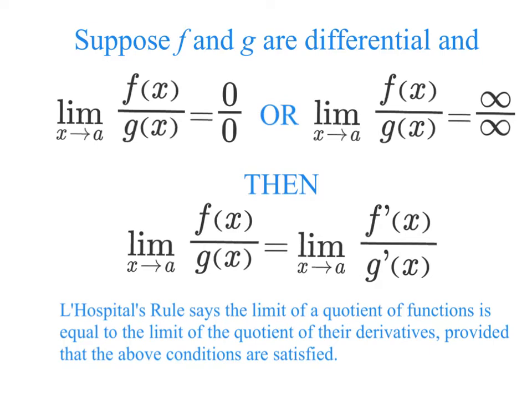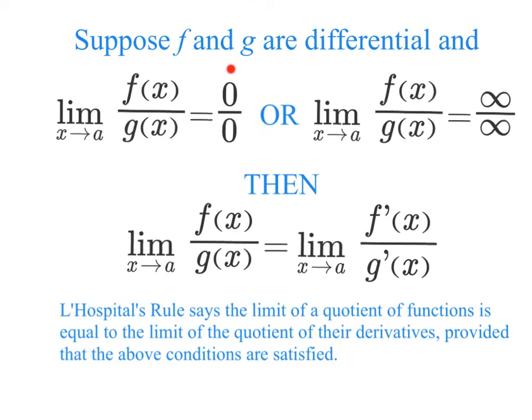And this is how. This is telling us that the limit as x approaches a of f of x divided by g of x is equal to the limit as x approaches a of f prime of x divided by g prime of x. So basically, the rule says that the limit of a quotient of functions is equal to the limit of the quotient of their derivatives, provided that the above conditions are satisfied.